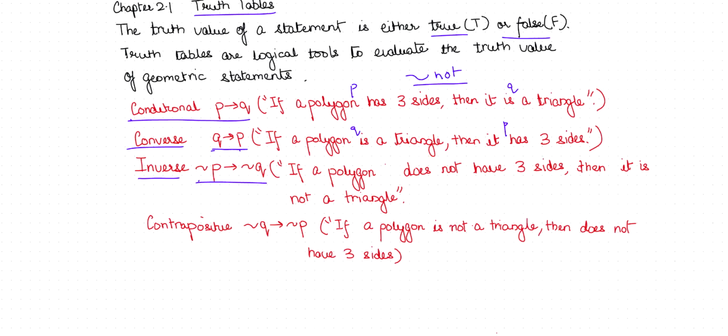So if not P, then not Q. And this is the contrapositive: if a polygon is not a triangle, that means if not Q, then not P. So let's see how we can make a truth table for the given conditions.